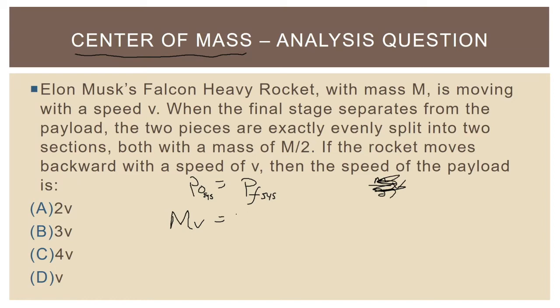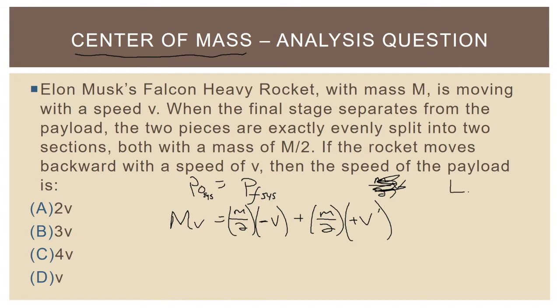So the first half of the rocket, with a mass of m/2, moves backwards with a speed of v. And the other half of the rocket, the payload specifically, with a mass of m/2, moves forward with the speed, which we're just going to label as v prime. Now, notice I said here the payload moves forward, and that may not be obvious to you, but it has to.